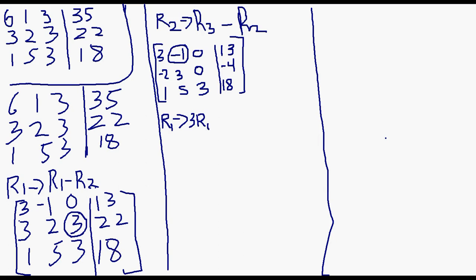Okay, and then 3 times row 1 minus row 2, yes. Why will it be minus? 3 times -1 here will give us -3.